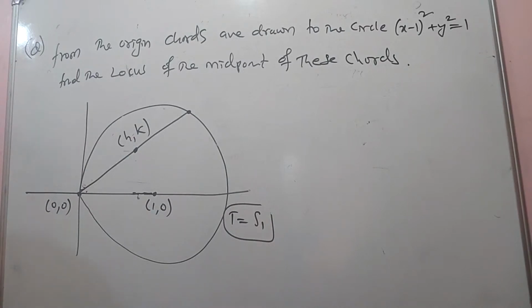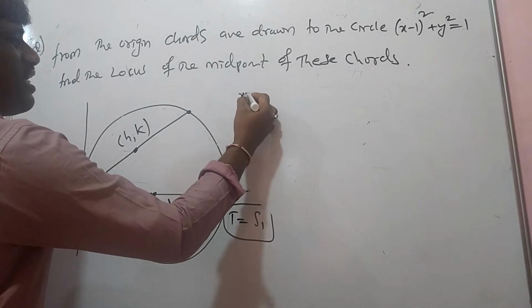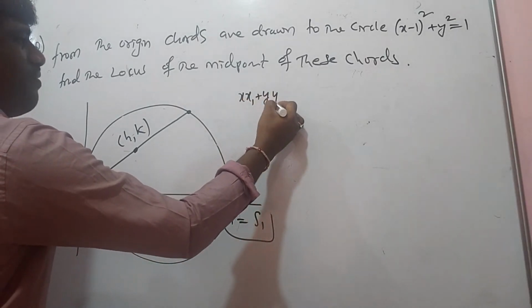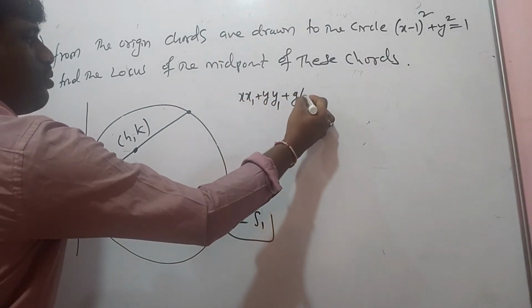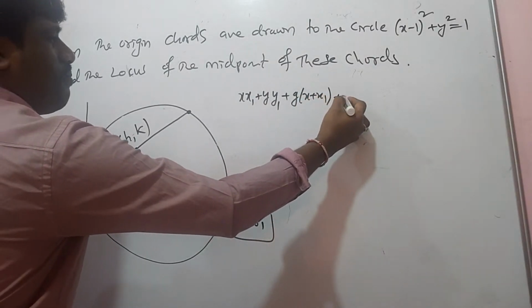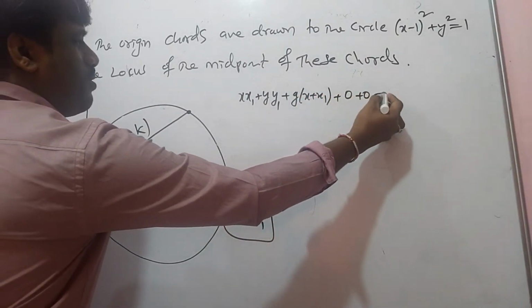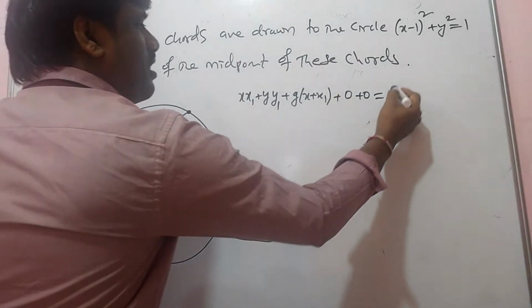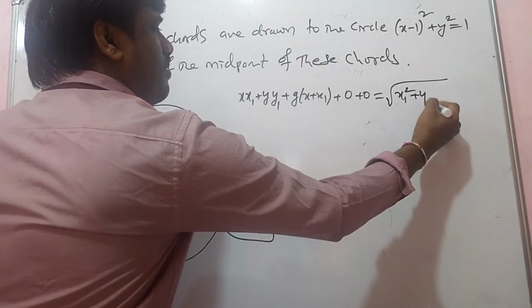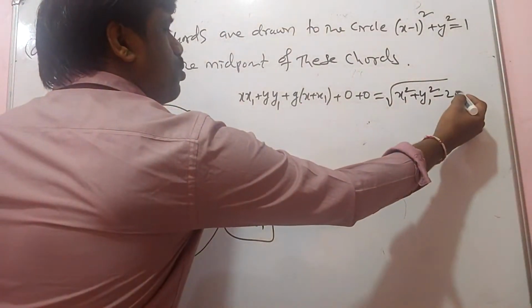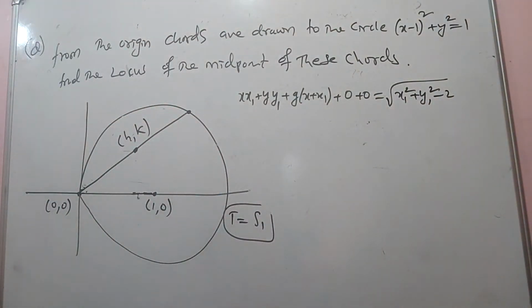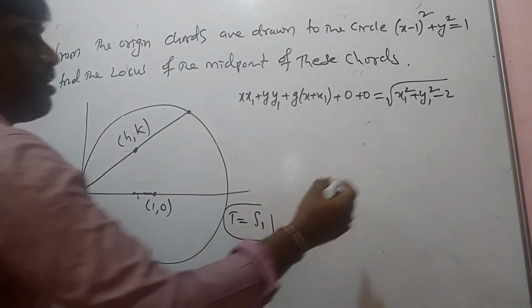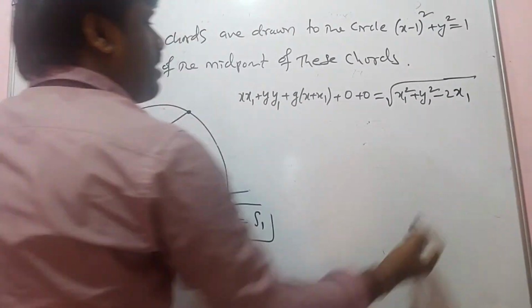So T is equal to S1 will be what here? x x1 plus y y1 plus g into x plus x1 plus f is 0, c is 0 is equal to S1. S1 means x1 square plus y1 square minus 2x1 after simplification.